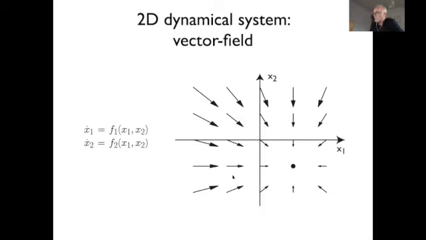And so the good visualization is to just plot the vector of the rate of change. So a vector that has as first component x1 dot and as second component x2 dot. These are these vectors, and you plot that in the same plane as the original state variables, x2 and x1. So in a 2-dimensional plane, you plot 2-dimensional vectors that indicate the direction and rate of change.